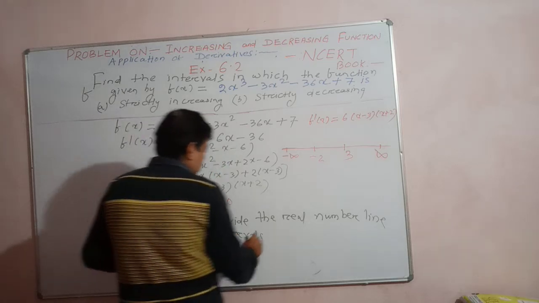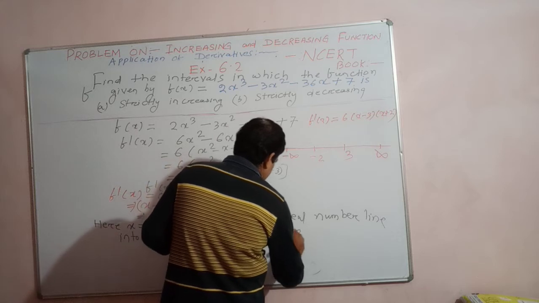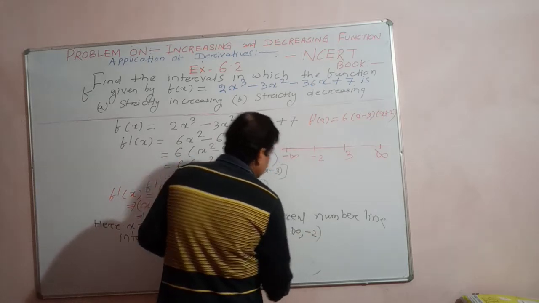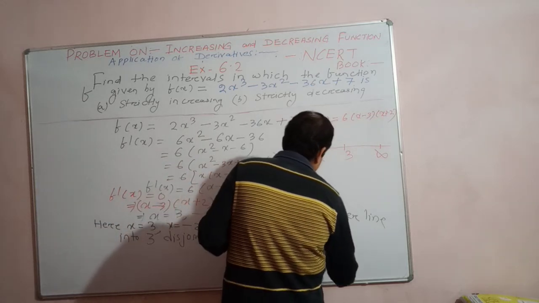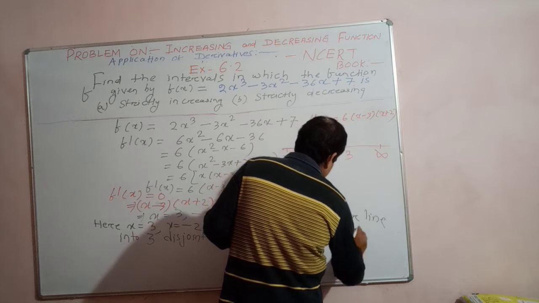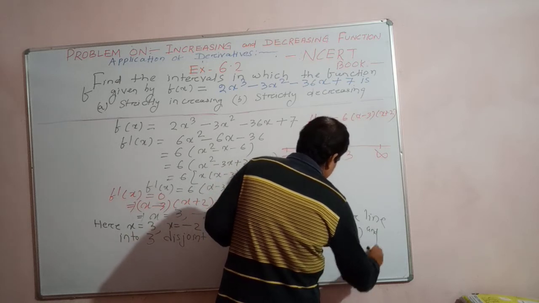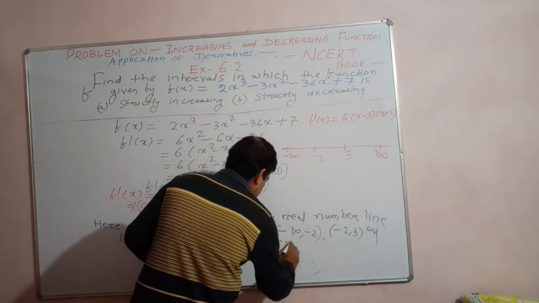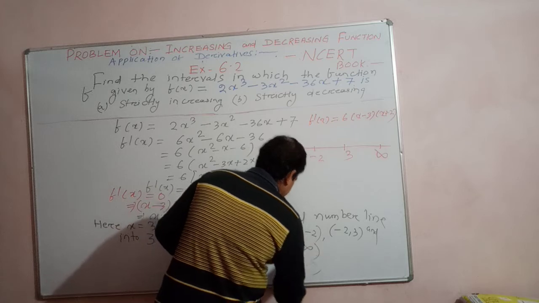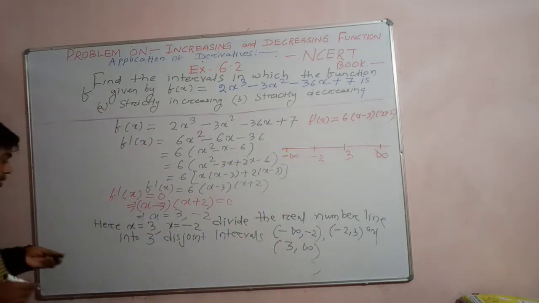What intervals? One interval is what? Minus infinity to minus 2. Another interval, what? Minus 2 to 3, and what? 3 to infinity. So we got the 3 intervals. Yes or no?